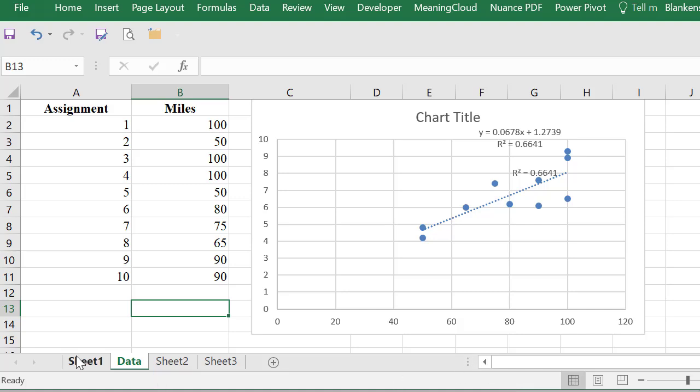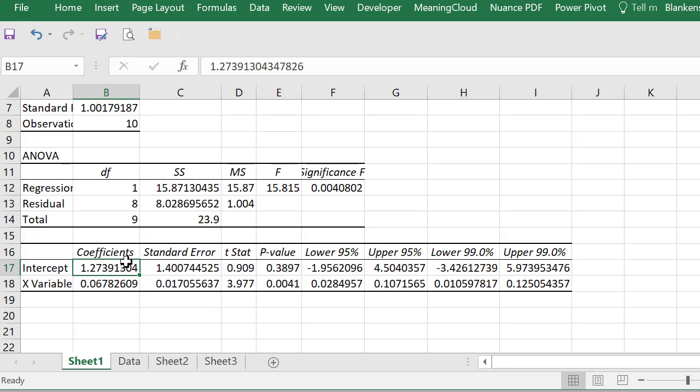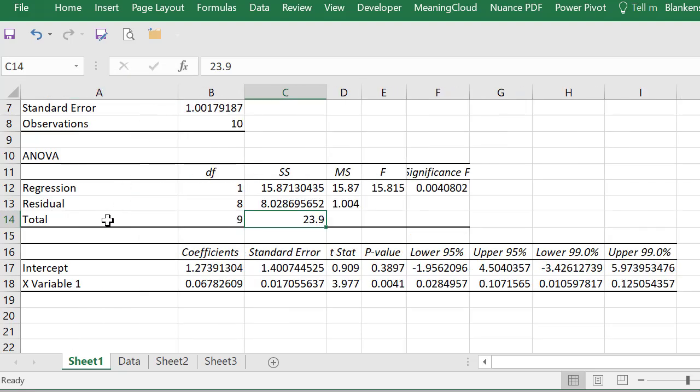So let's look at this output from our regression analysis. We can see the total here is equal to the sum of these two. So if I widen that up a little bit, regression plus residual is equal to the total.